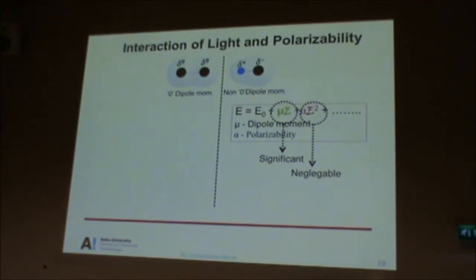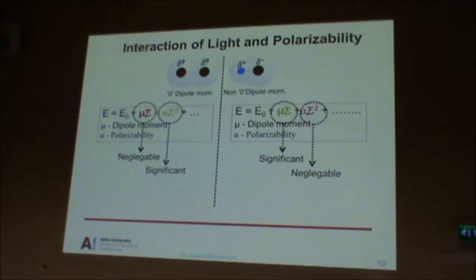Now, because this molecule has non-zero dipole moment, this term contributes a lot to the energy term. On the other hand, if you take a molecule with zero dipole moment, this term becomes insignificant. Now, this is the major contributing term.